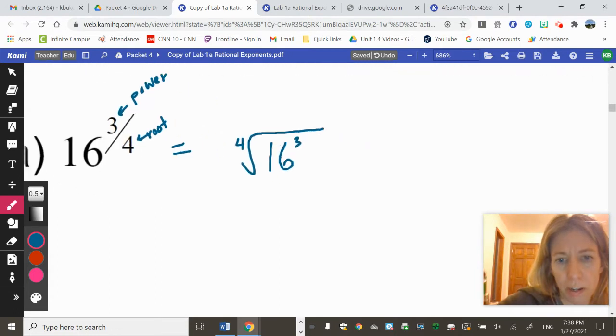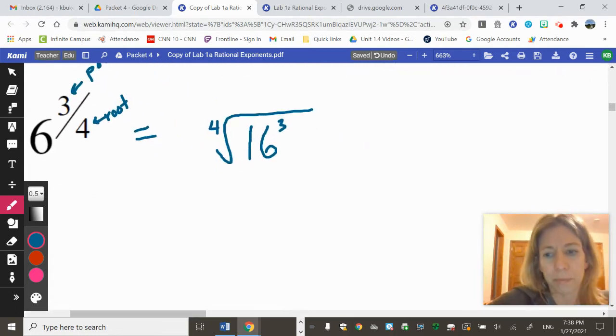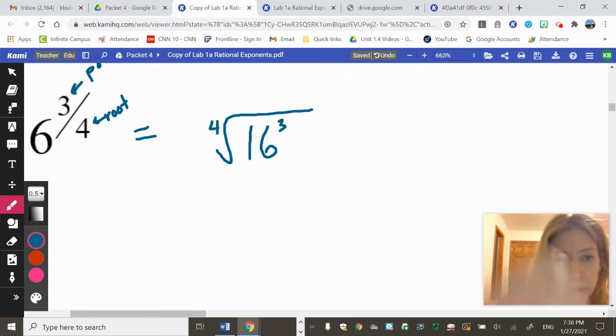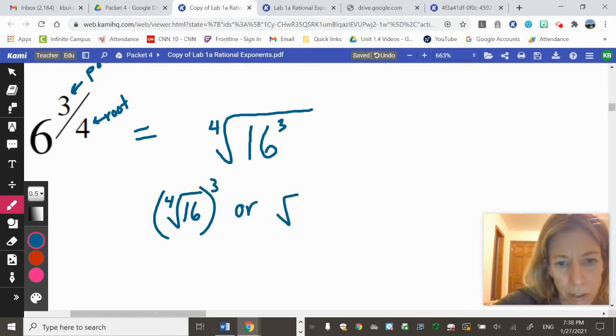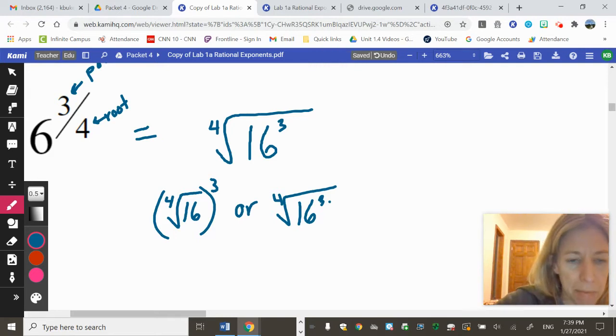This is where that order comes in handy, where you can either do the 4th root of 16 and then raise it to the 3rd power, or we could do 16 to the 3rd and then do the 4th root of it. Well, a lot of us probably don't know 16 to the 3rd power in our head, but maybe you do know the 4th root of 16.